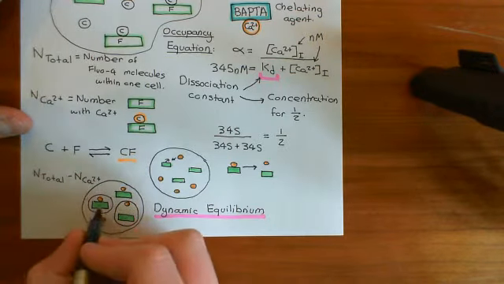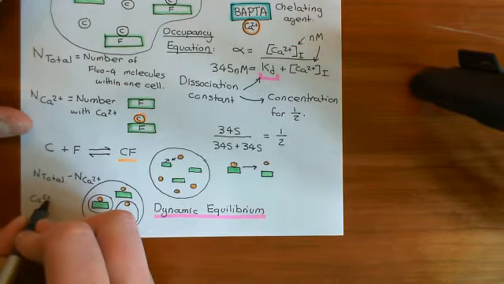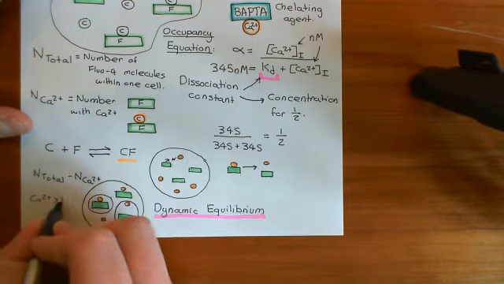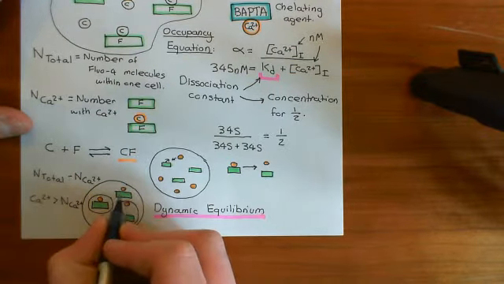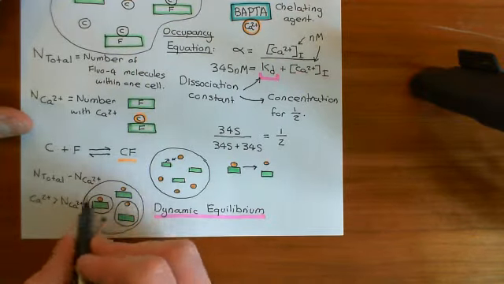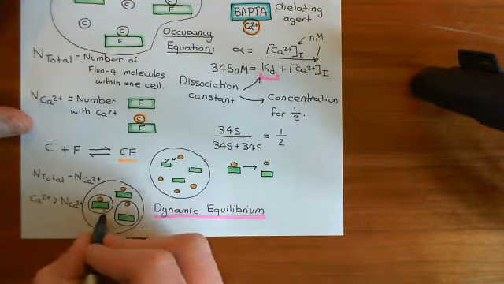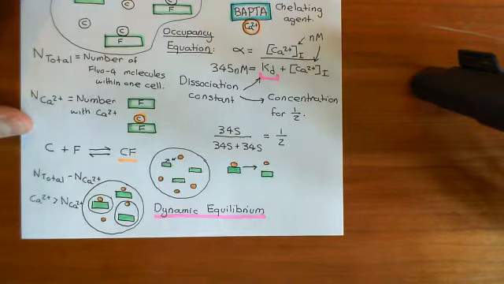Okay, now, as part of the derivation of the occupancy equation, you assume that the number of calcium ions within the cell is much, much, much bigger than the number of Fluo-4 molecules that have bound calcium. Okay, so what do I mean by that? I mean that in a real cell, you might have, a few million, let's say, Fluo-4 molecules with calcium ions bound to them, whereas the number of calcium ions that you will actually have in that cell will be gazillions, basically.